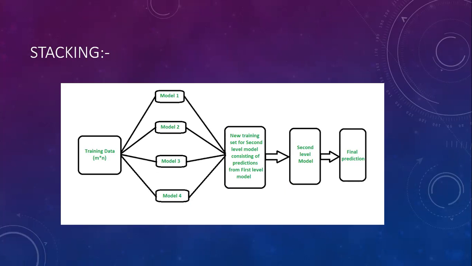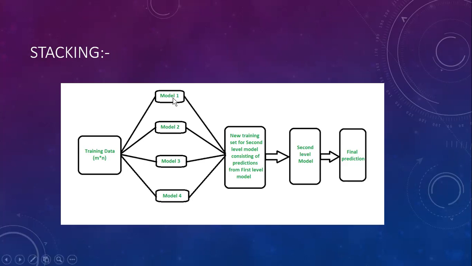That actual output and the individual predictions of these four models are combined and stacked. This whole stack now acts as a new training set for the second level model, often called a meta model.